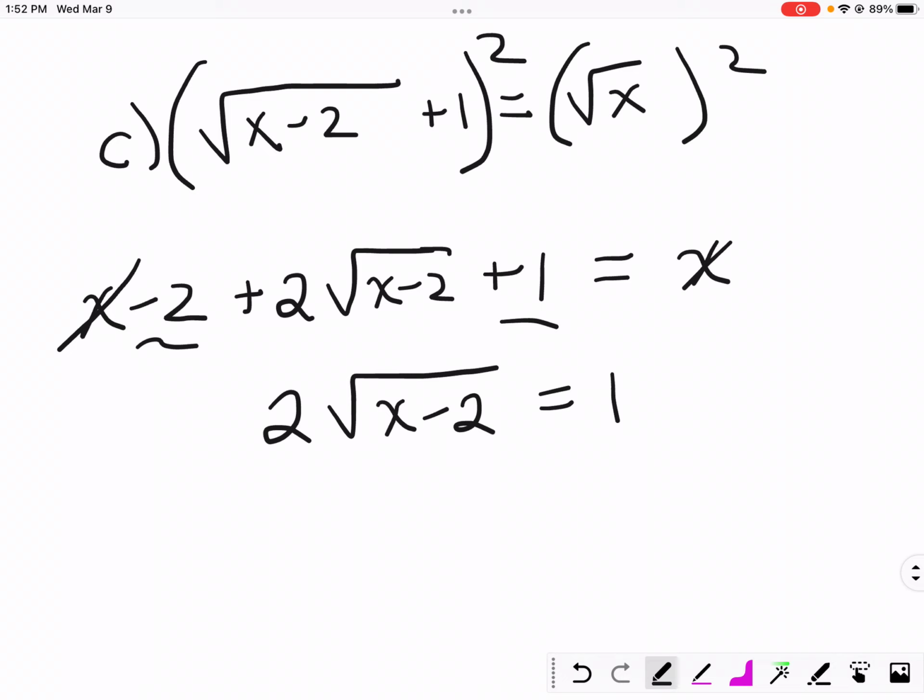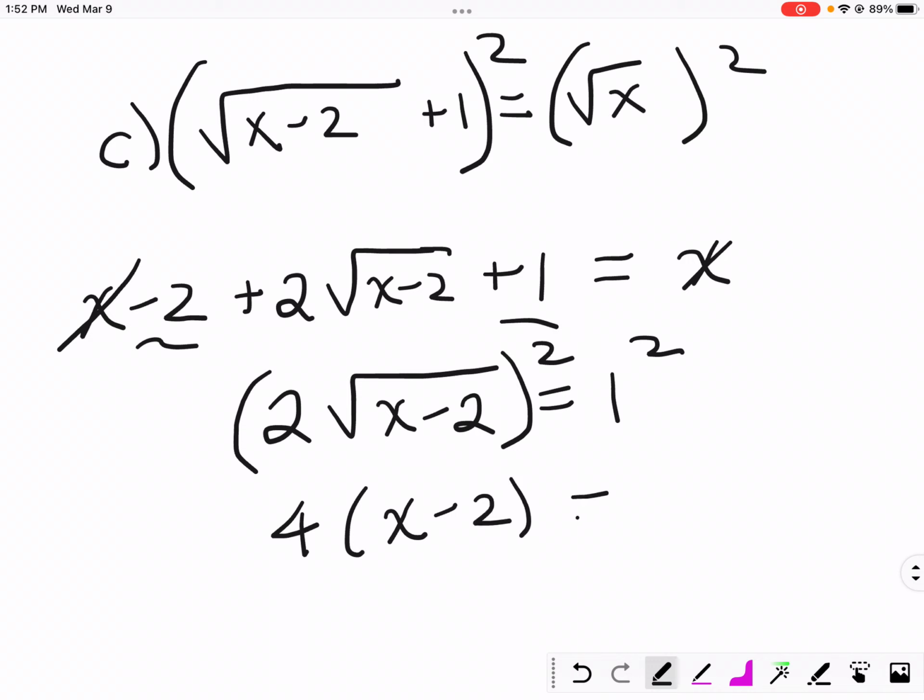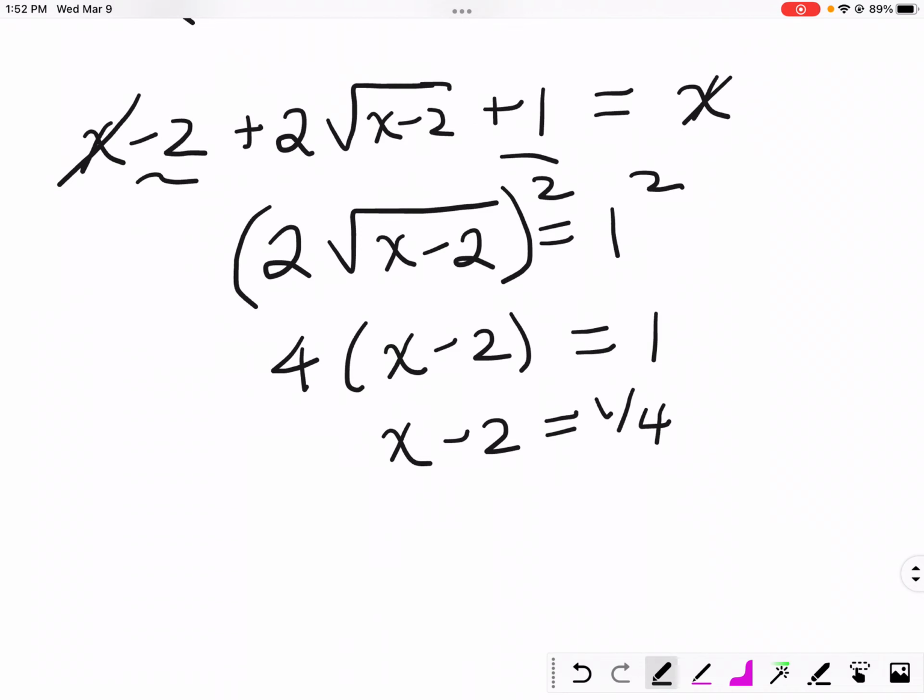Then I'm going to square both sides. For x minus 2 is 1. x minus 2 is 1/4, dividing both sides by 4. And then x is 2 and 1/4 after adding 2 to both sides.